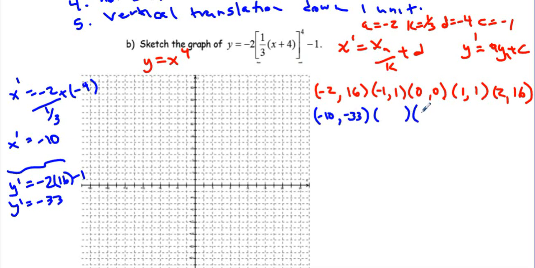I'm just thinking aloud here. This is going to be trying to do this in my head.